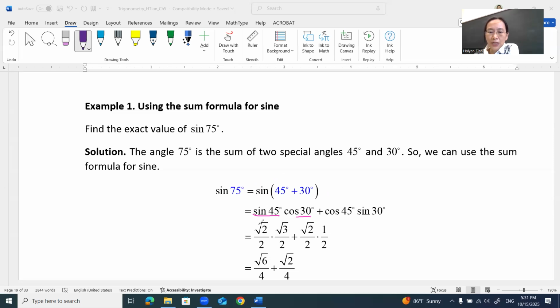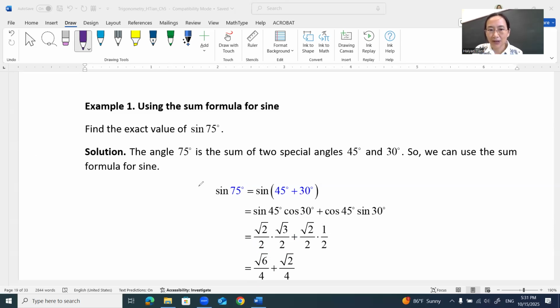We know their values. We know sine 45 degree is this number. Cosine 30 is this number. Cosine 45 and sine 30. So we have all these numbers, then final answer for the sine 75 degree can be found.